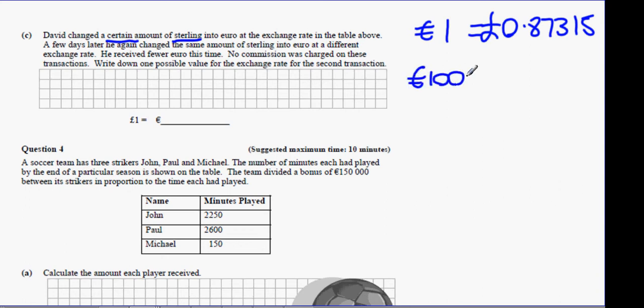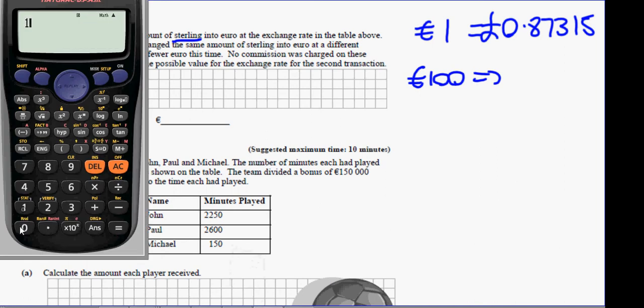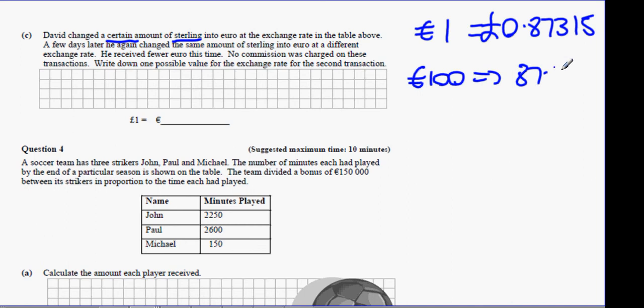If I exchange 100 euro, how much money do I get? 100 multiplied by 0.8735. And what we're going to get here is 87 euro 32 cents, let's say. So 87 euro 32 cents.